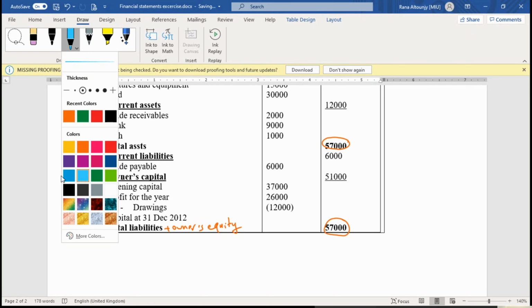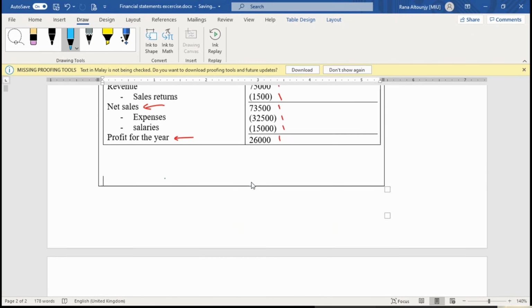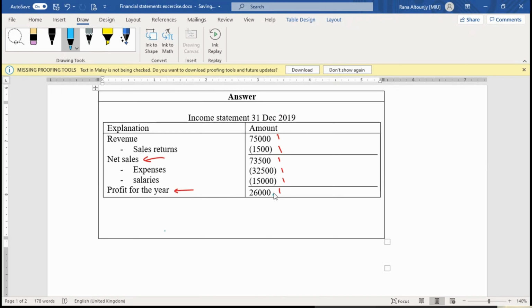We got this profit from the income statement. This one, we got it from the income statement, which is this number. So this number will go to the financial position statement.